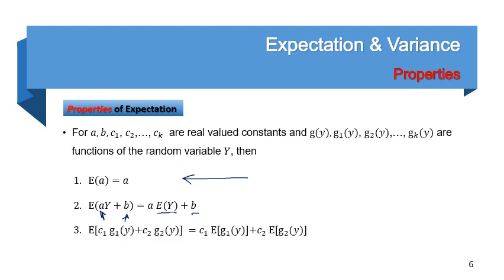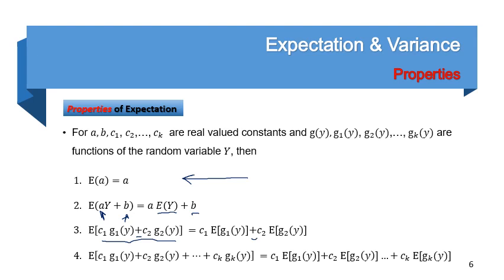Also, we said that if you have the summation of two functions, whether a summation or a minus, even if we put a minus in the equation, you can still do it as it is. Get the expectation of the first part separately, plus or minus as in your original requirement, the expectation of the second function which is given to you.